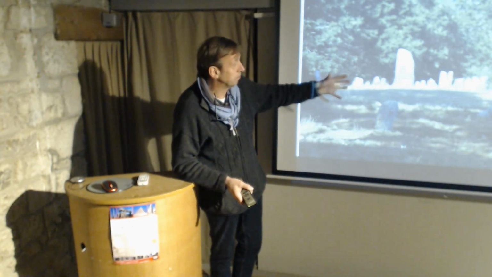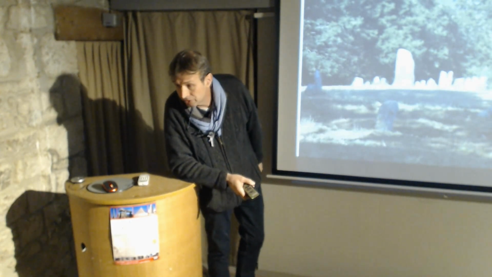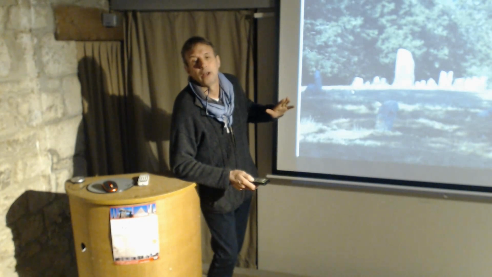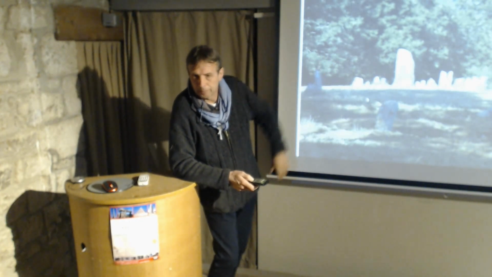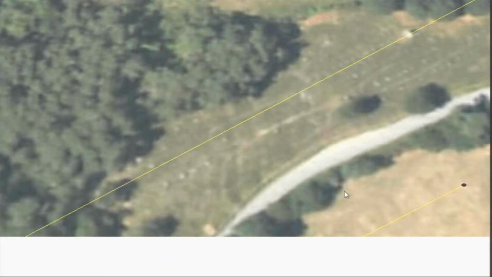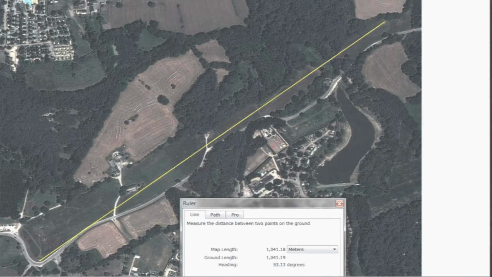And as you can see, it's much, much bigger than all the other stones around it. Now, the line going from the dolmen along the most southerly line of the Kermario alignments points to this. It goes through that stone like that. And that angle is 53.13 degrees from north.